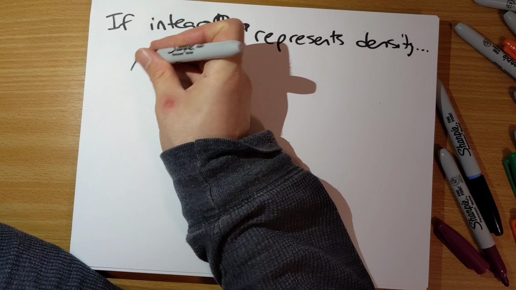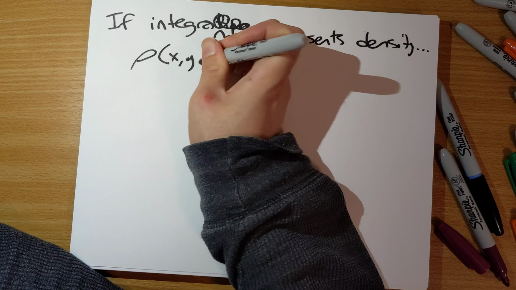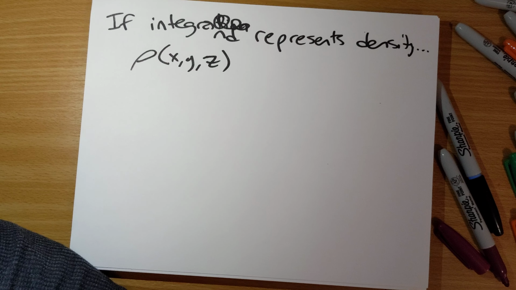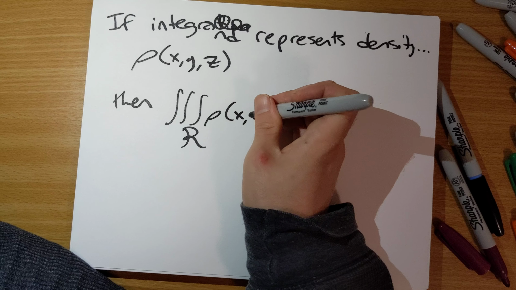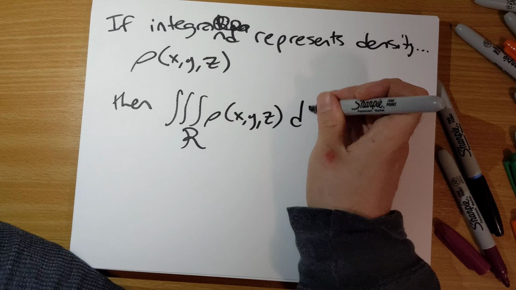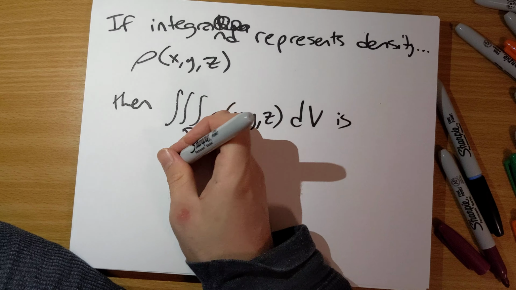Let's say that rho of x, y, z represents a density of something, then the triple integral over our region R of our density function is the total amount. Density could have lots of different interpretations.